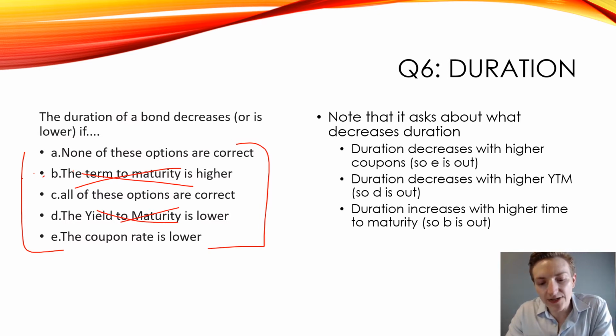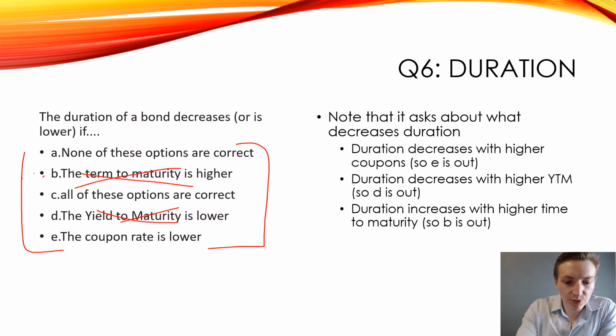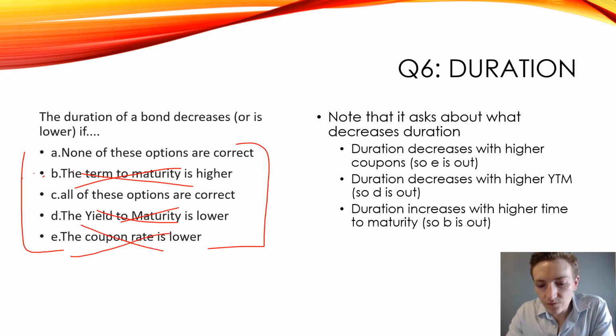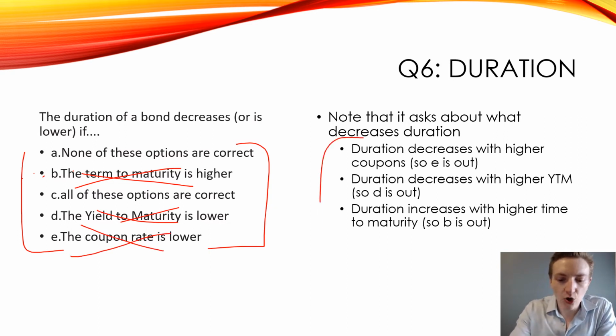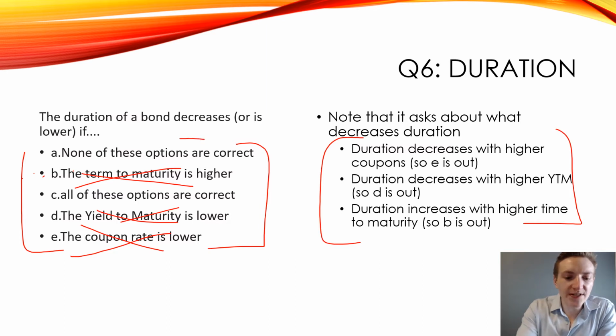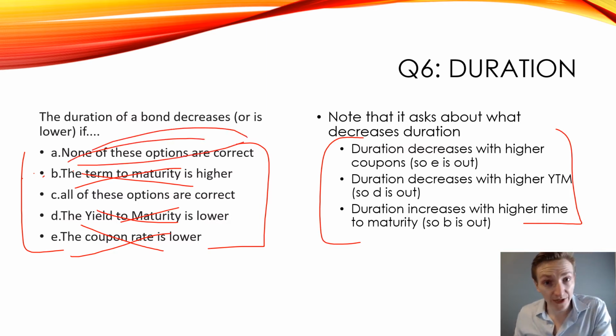The final one is the coupon rate is lower. Here, the coupon rate being lower would actually, in fact, increase the duration. So this would not be correct either. So we can weed out all of these potential options, which means that none of these options are ultimately correct, i.e., the bond duration will not decrease with any of the options that we have right here.